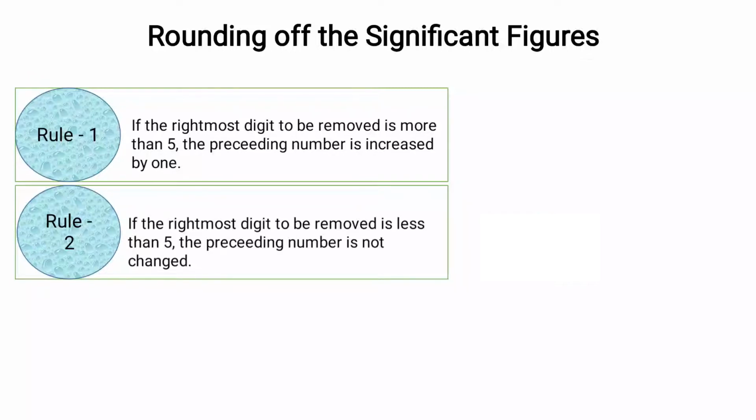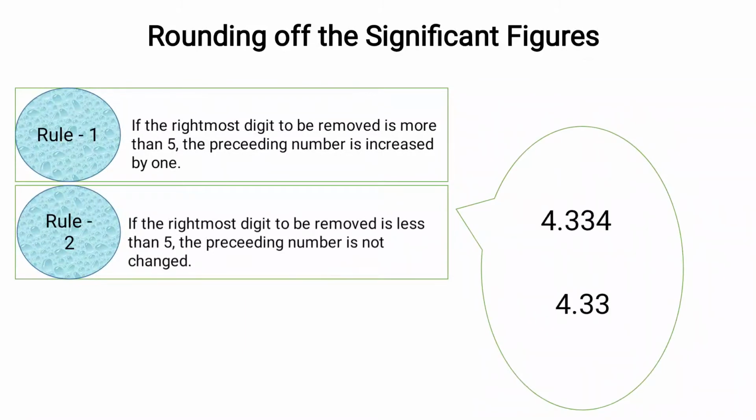Let us consider an example, that is 4.334. Here the rightmost digit to be removed is 4, whereas the preceding number is 3, and this 4 is less than 5, which means that no changes are made to the preceding number and the number is rounded off as 4.33, which is the reporting answer.